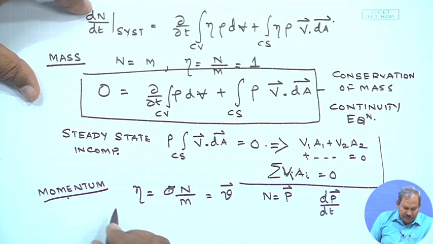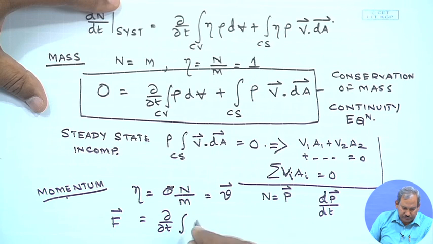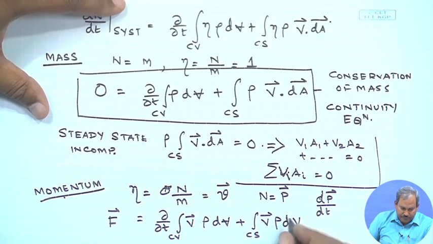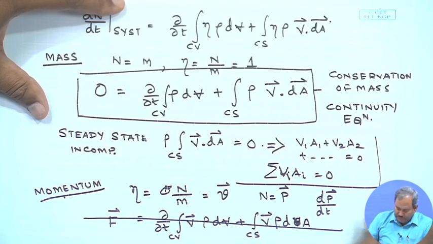So, this would simply give me the force acting on the control volume, and this would be equal to del t of the integral of v, the velocity, which was eta before, rho dv over the control volume, plus over the control surface, v rho dA. I will write it again.